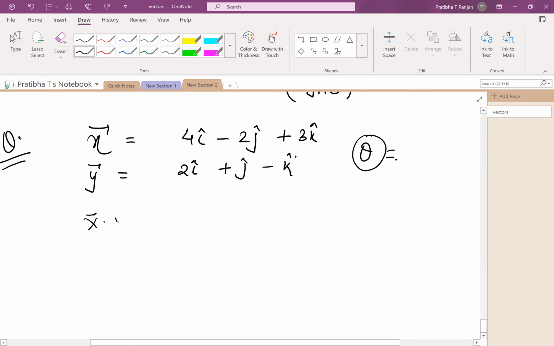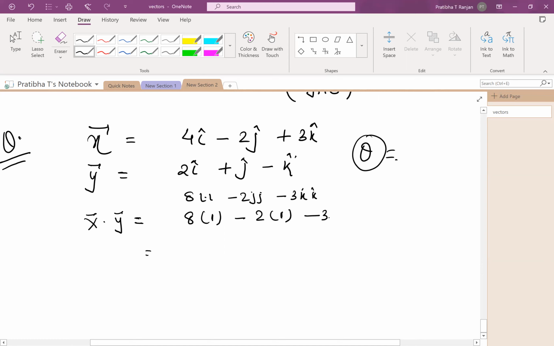So I multiply i with i, so 8i. So it's 8, right? Minus 2, and minus 3. It's simply 8i dot i, then negative 2j dot j, and negative 3k dot k.